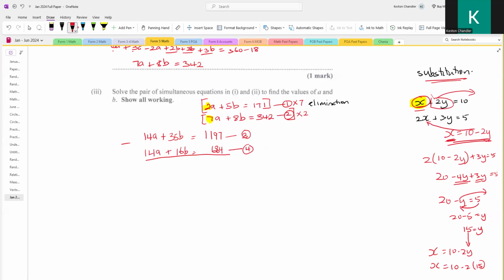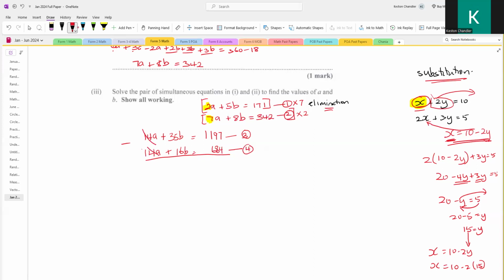By doing this, I could eliminate A, hence the name elimination method. Why? 14A minus 14A will give me no A's. It'll be eliminated. We get 0. Now, this is the tricky part where a lot of students tend to make a mistake. Remember, this is 35B minus 16B.